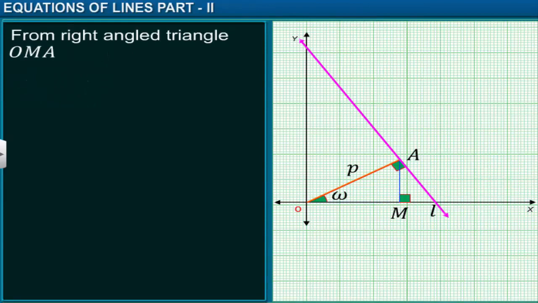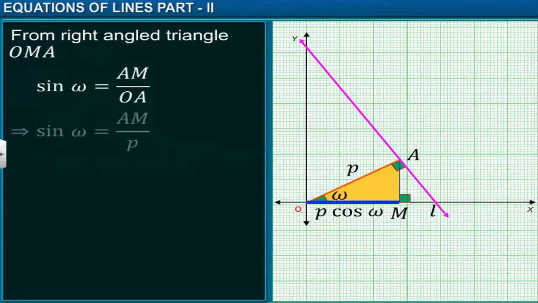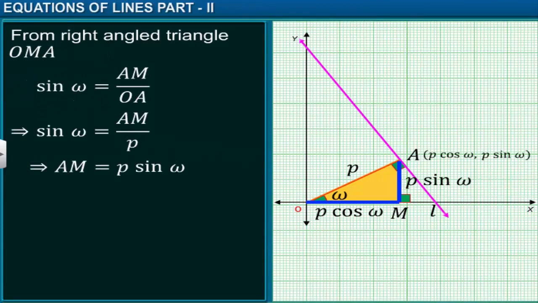From right-angled triangle OMA, distance OM is equal to P cos omega, and distance AM is equal to P sine omega. Thus we get the coordinates of point A as (P cos omega, P sine omega). Note that for the given values of P and omega, the coordinates of point A will remain the same no matter the quadrant in which line L lies.